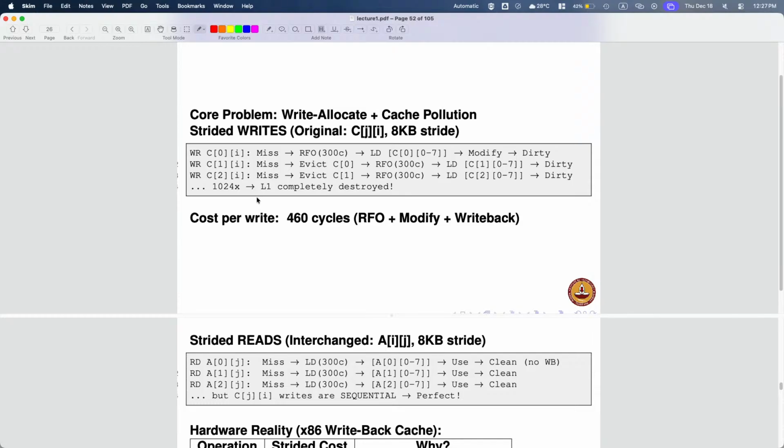Look at the cost of, I wish I could have shown the original.